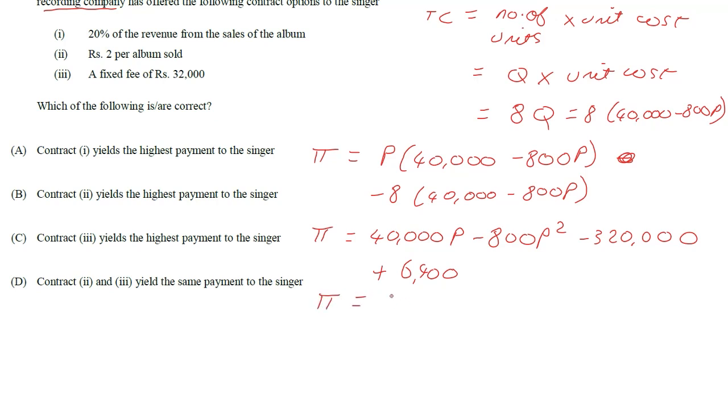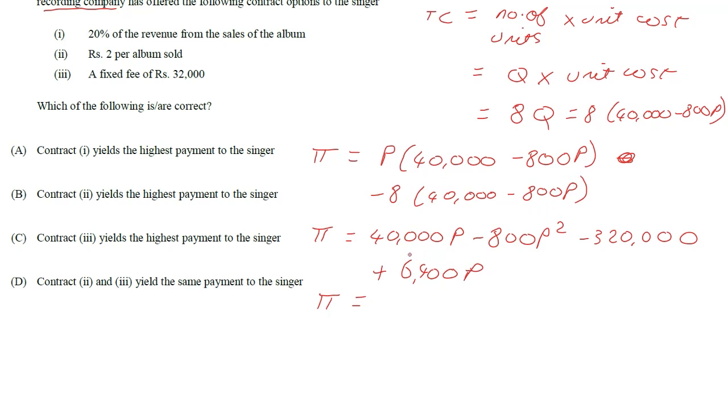Maximizing profit will be the next step. For now, profit has 40,000p, and when we multiplied 8 into 800, it is 6,400p because we got a p there.